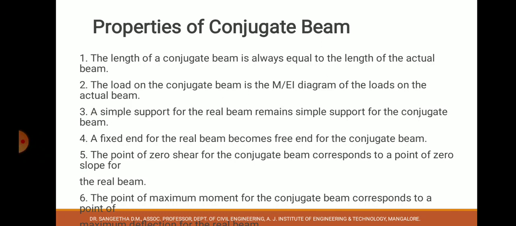The simple support of the real beam remains a simple support for the conjugate beam. A fixed end for the real beam becomes a free end for the conjugate beam. The point of zero shear for the conjugate beam corresponds to a point of zero slope for the real beam. The point of maximum moment for the conjugate beam corresponds to the point of maximum deflection for the real beam.